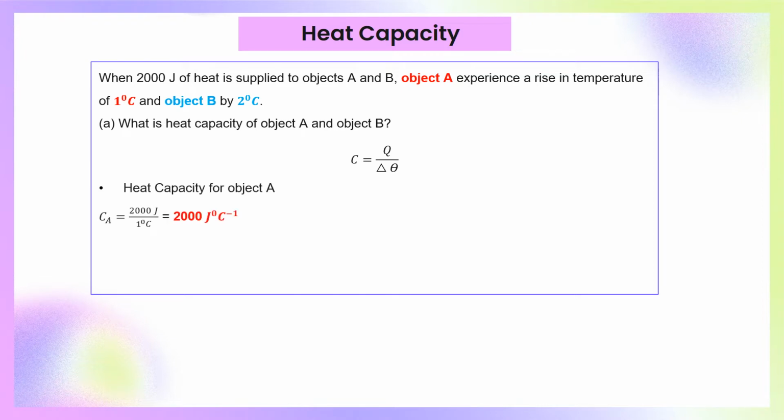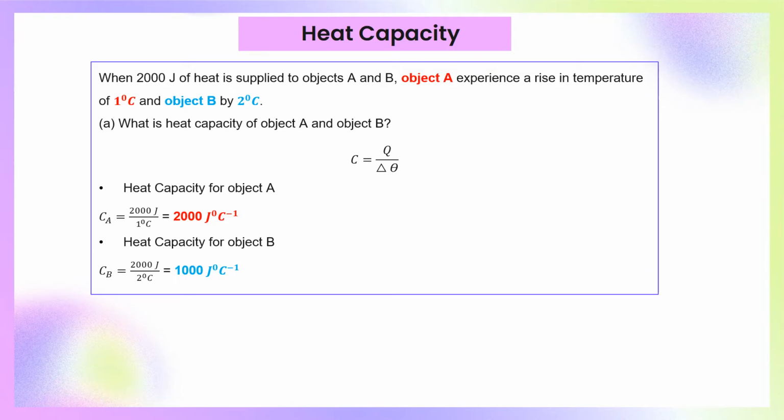Okay, so the heat capacity for object A is 2000 joule over 1 degree Celsius, and we get 2000 joule per degree Celsius, and the heat capacity for object B is 2000 joule over 2 degrees Celsius, and we get 1000 joule per degree Celsius.